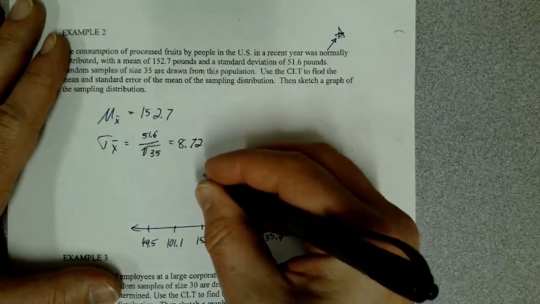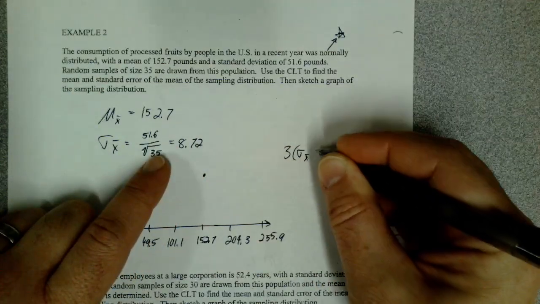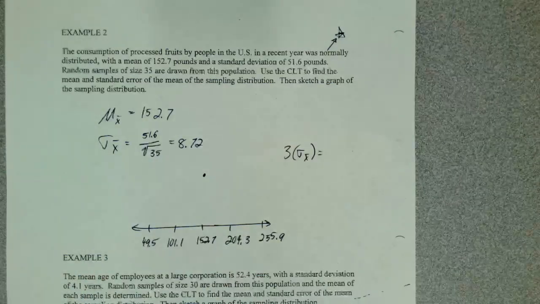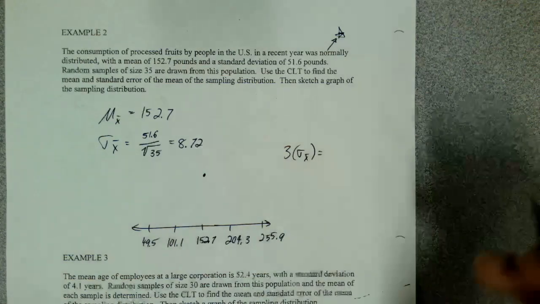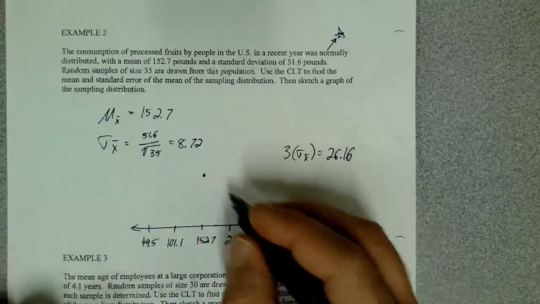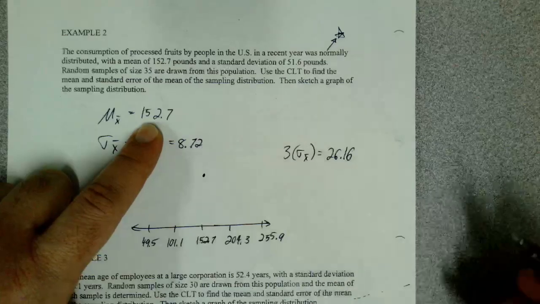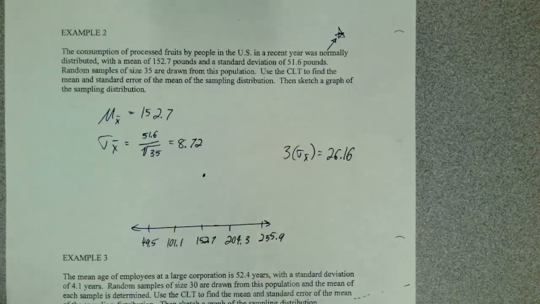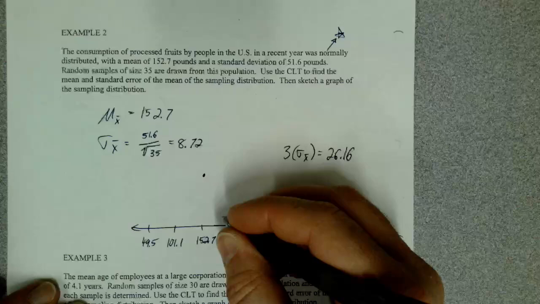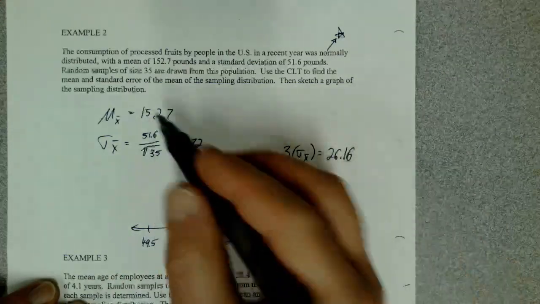All right, so high point on the mean, 3 of our standard errors. It will take us to 8.72 times 3, 26.16. So I'm going to add that to our 152.7 and then subtract to get a point on each side, which is 178.86 when I add that on there.